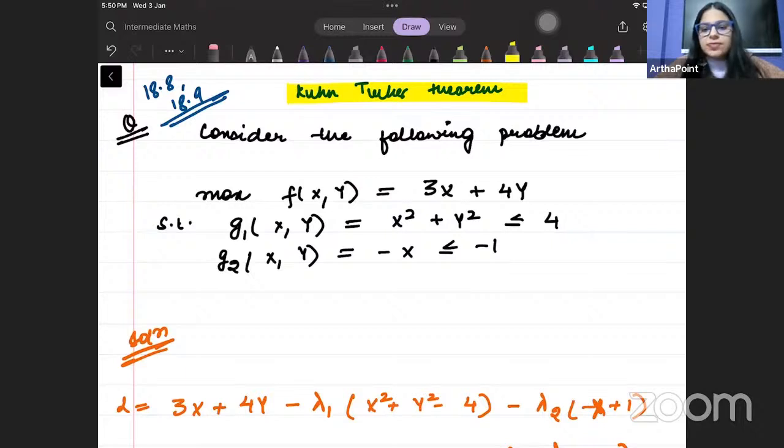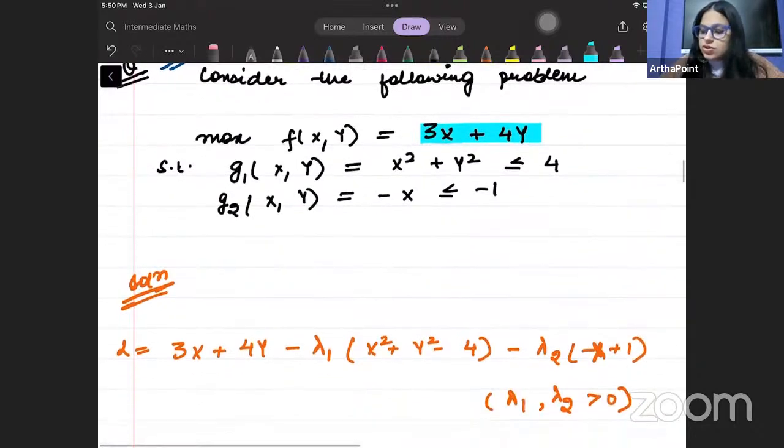Please read the question, beta. The question says we are given a function, 3x plus 4y, and we are given two constraints on this function. The first constraint is x square plus y square less than or equal to 4, so it is based on non-linear constraints.